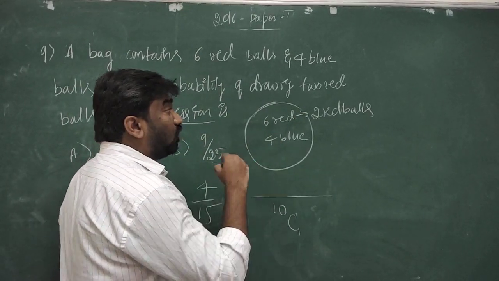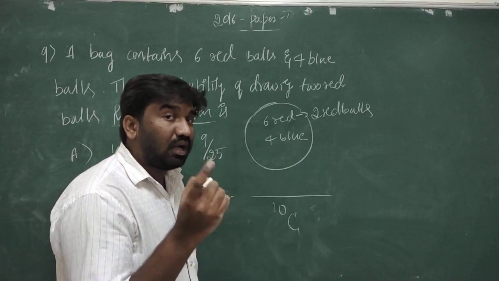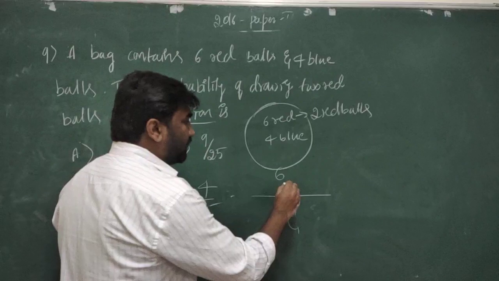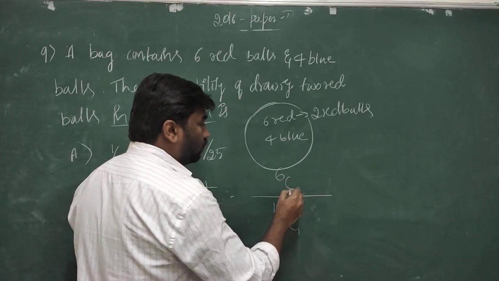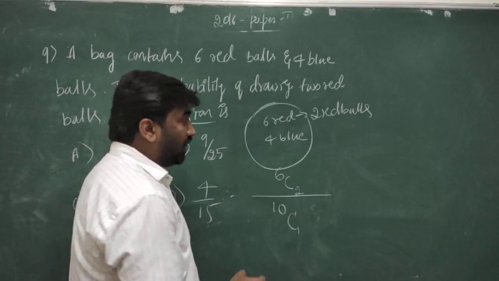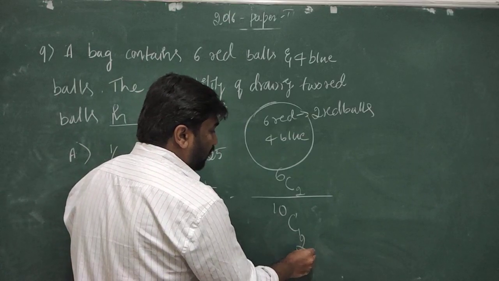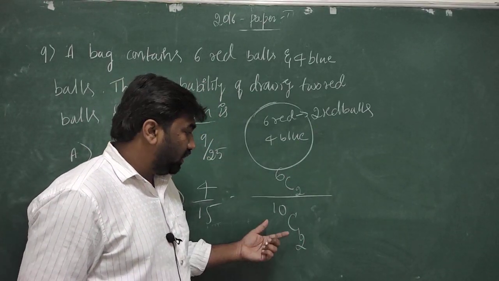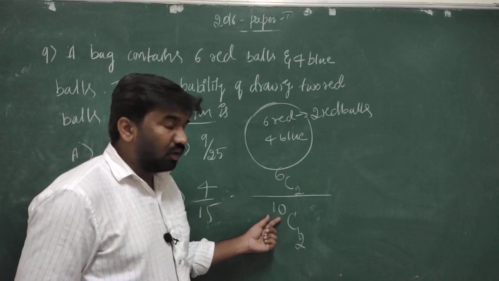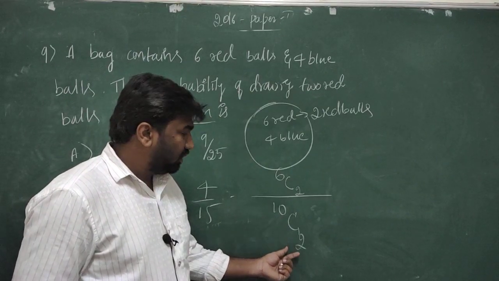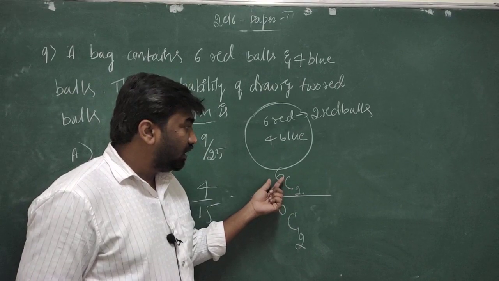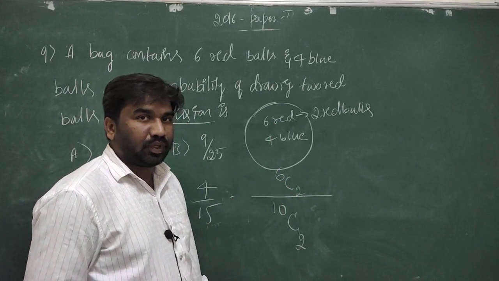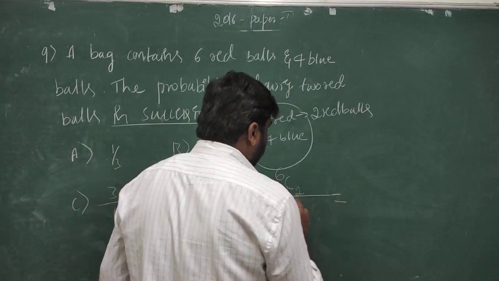Next, total number of red balls is 6, so 6C2, and next 10C2, because we are taking 2 red balls. Total number of ways in the bag is 10C2, and number of red ways is 6C2.